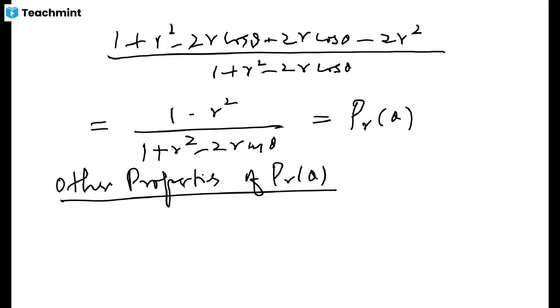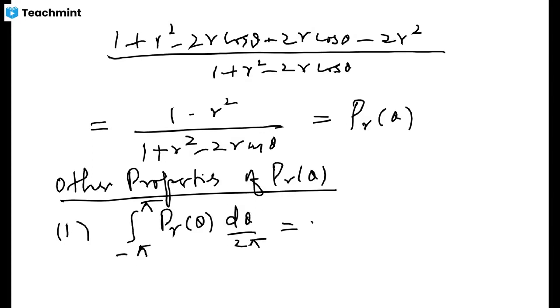They are the following. The first thing is that it is a probability measure over the interval minus pi to pi. Probability measure means its integral is 1. You have to prove this.